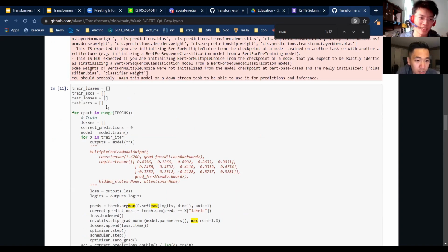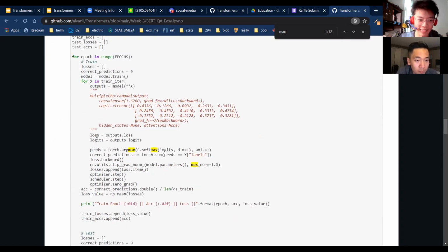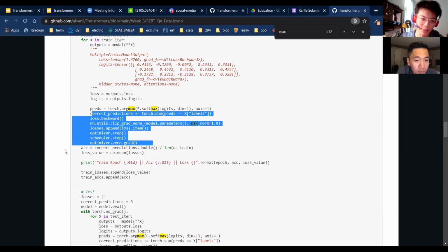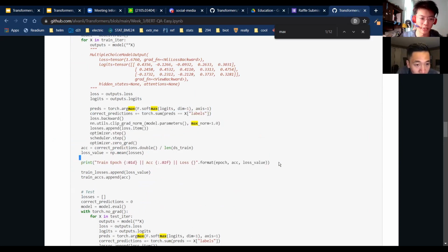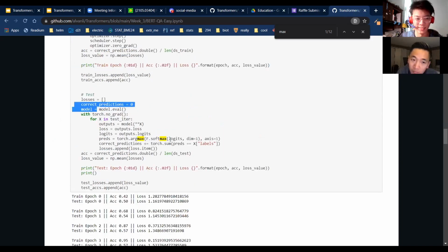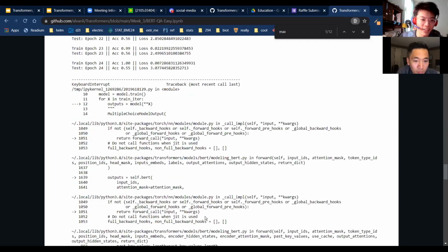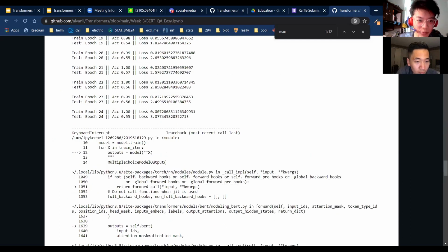Then some basic epochs, take the argmax, look at predictions, and calculate some metrics, and in test we also calculate some metrics. In this case, we can see some really not good stuff.